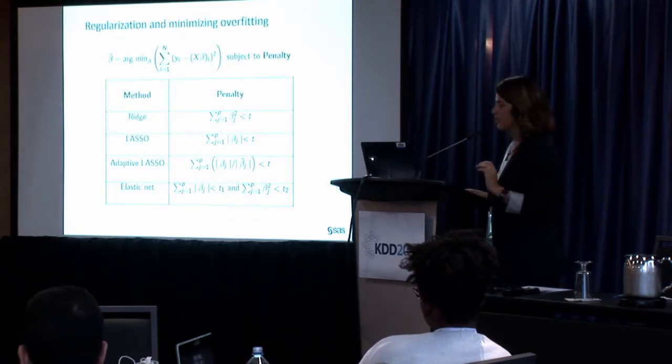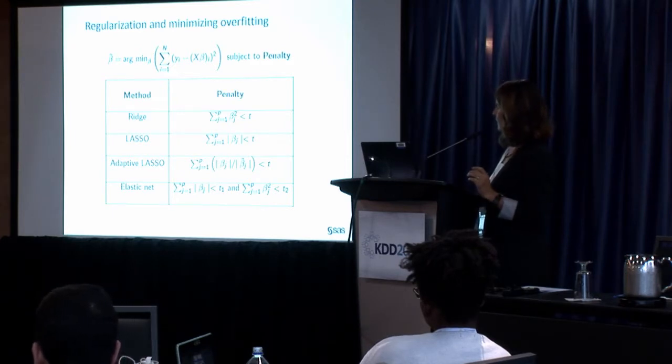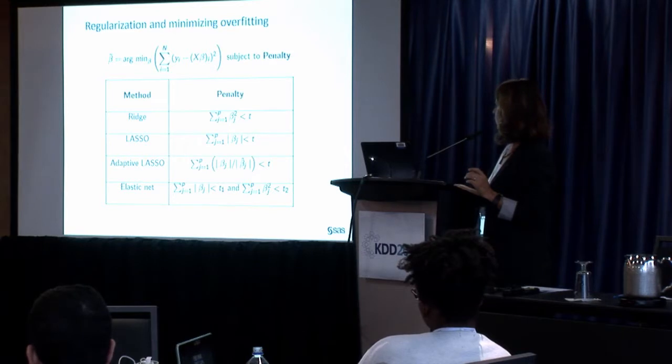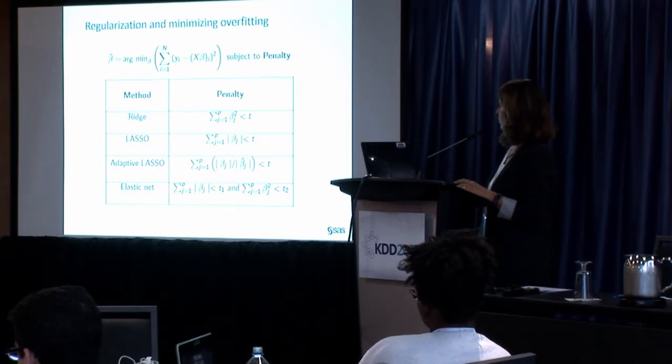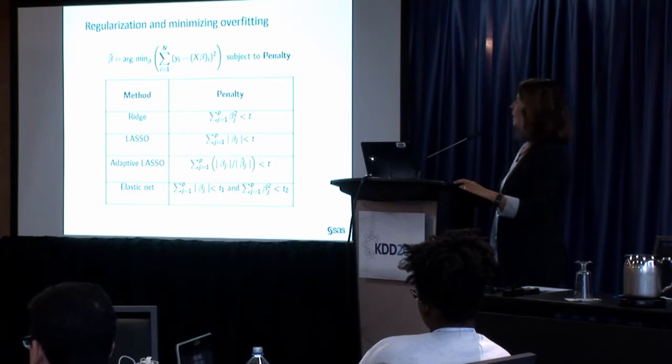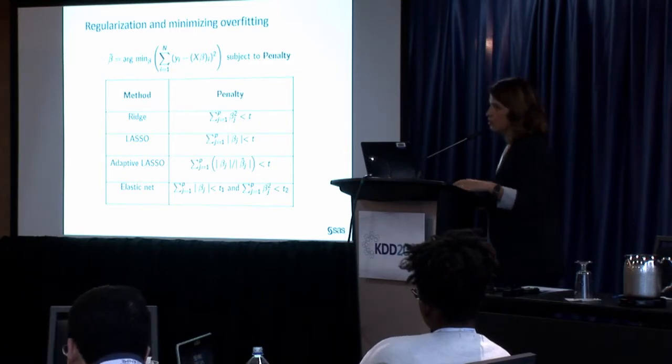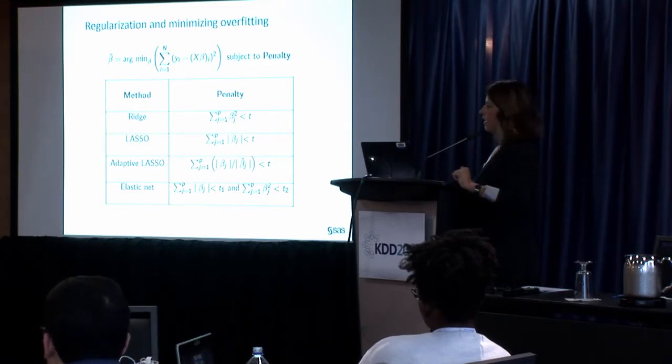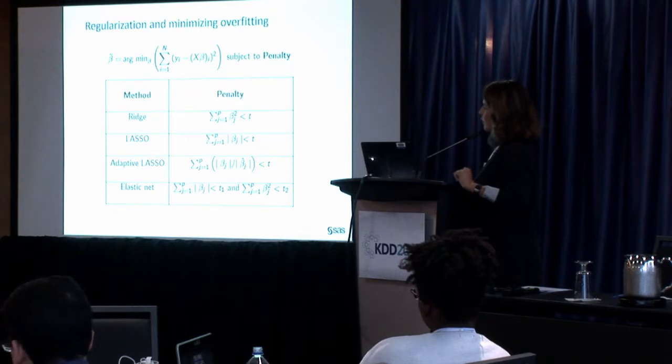These are some commonly used regularization techniques. Here is your loss function, this one is for linear regression. You try to minimize least square errors subject to this penalty. This is the regularization, and it controls your model weights. These are different penalties, like the L2 norm penalty.